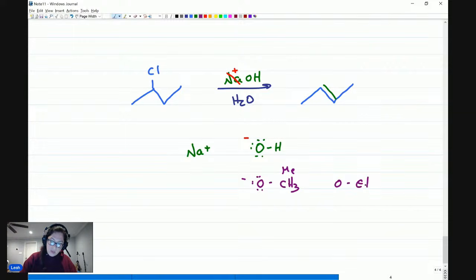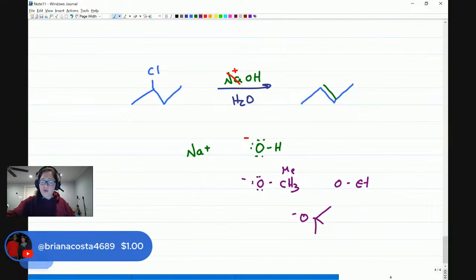I can have an OEt, which is an ethyl group. I can have an O with a tert-butyl group, a tert-butoxide. The thing you want to look at here is the pattern. I have an O, I have the thing attached to it, I have the negative charge. How does that react? And where do I go from there?